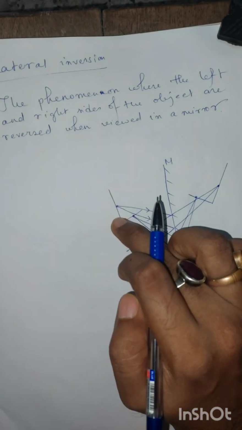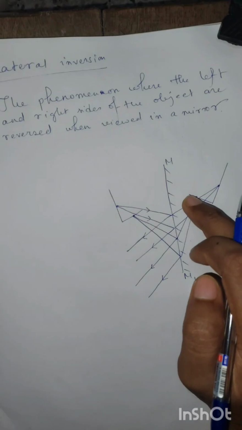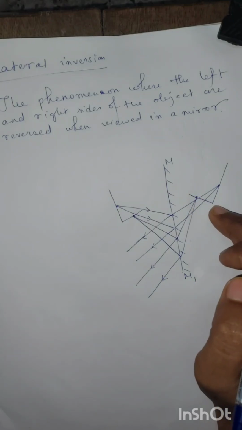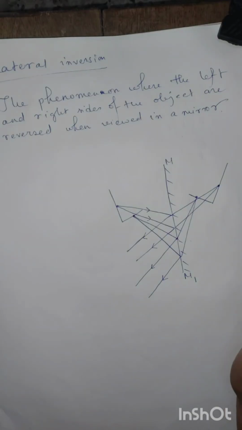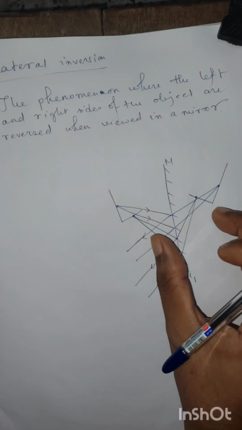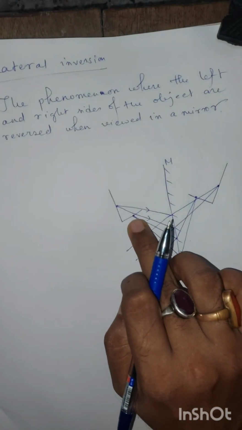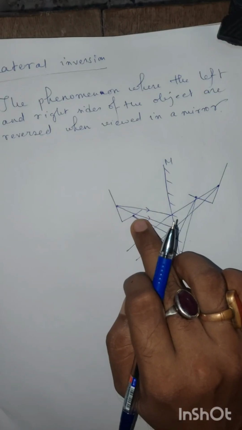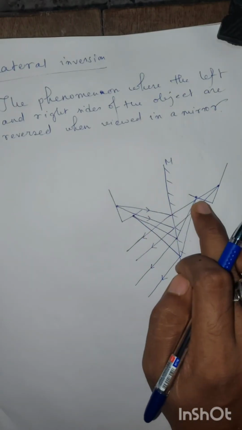Similarly, all points of L create an image inside the mirror. That is why the point which is closer to the mirror will create an image which will also be closer to the mirror.